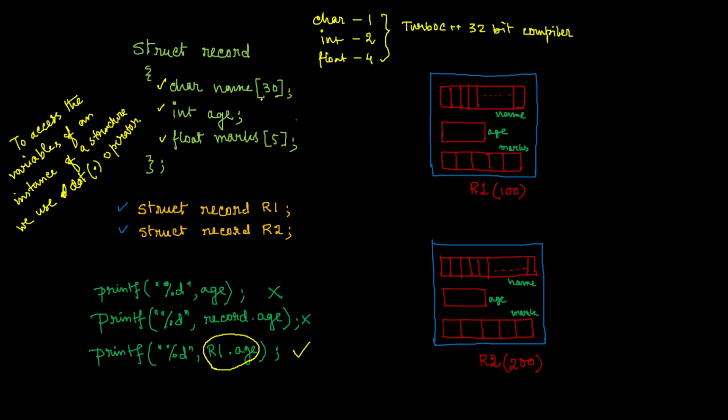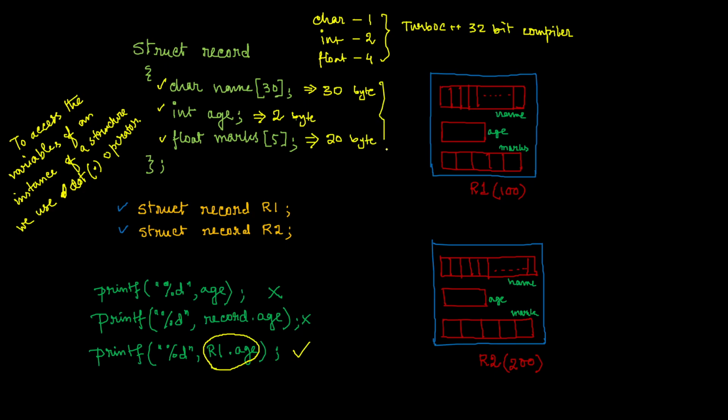So according to this, char name will take total 30 bytes, this will take total 2 bytes, and this will take total 5 into 4, 20 bytes, right? This is 30 bytes, 2 bytes, and 20 bytes.